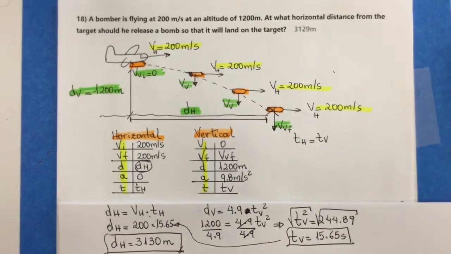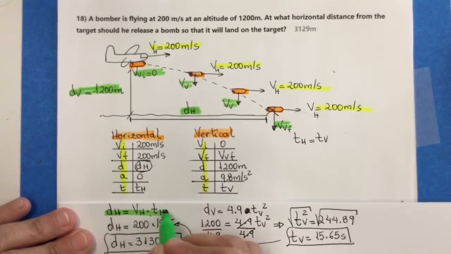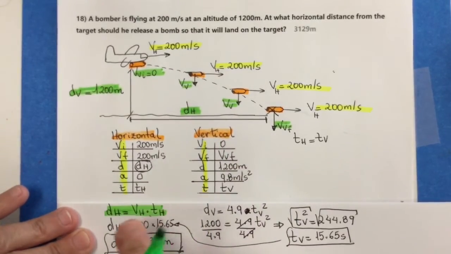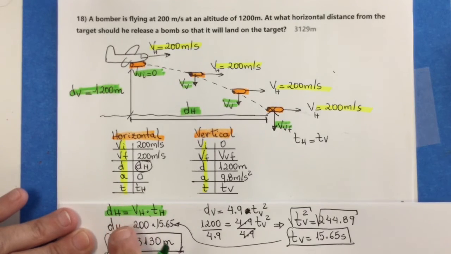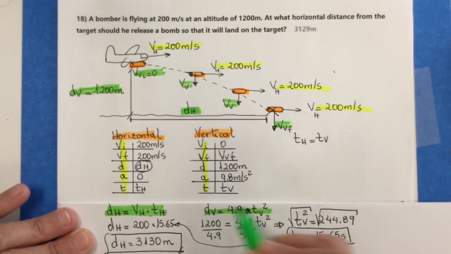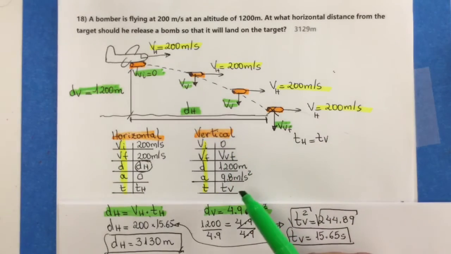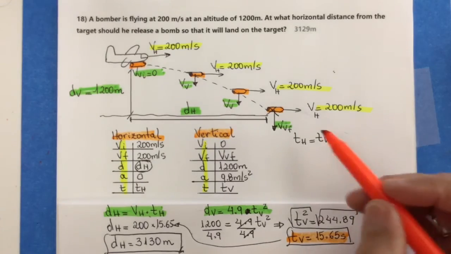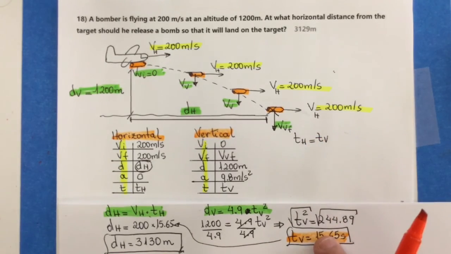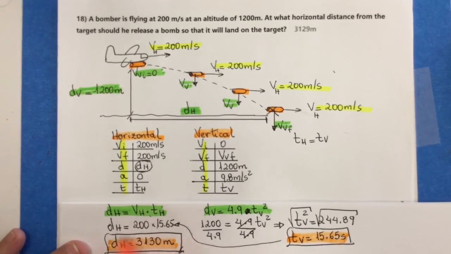Then we have two formulas that help us: for horizontal, when we don't have acceleration, DH is equal to VH times TH, and a simplified formula for the vertical one when the initial velocity is 0. Then we work with our numbers. We calculate our vertical time, and since the time vertically and horizontally are the same, we replace this value right here and calculate our final answer.